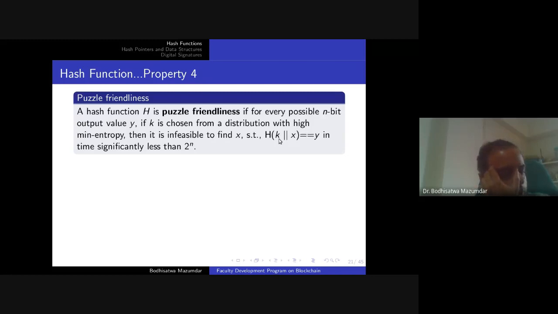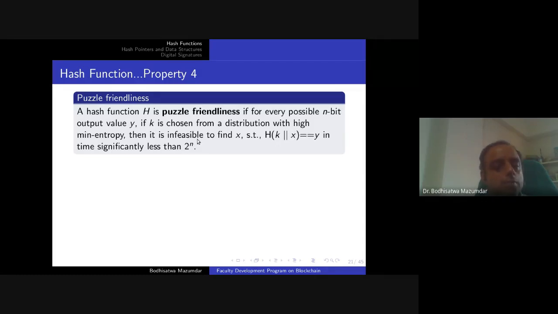What is meant by high min-entropy? High min-entropy distribution means the probability of guessing a particular input being chosen is negligibly small. So the entire sample space becomes very large. Even if the attacker is given the output sample space and a particular output value, he should not be able to guess this value of x in time less than 2 to the power n.